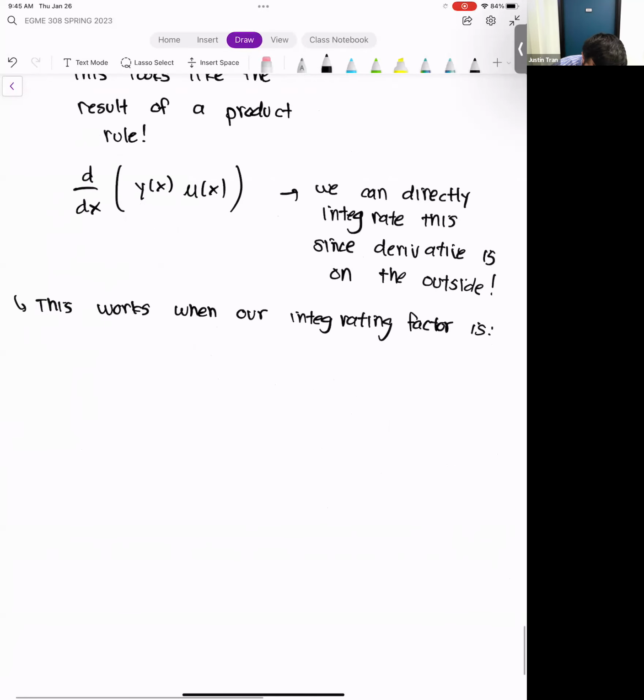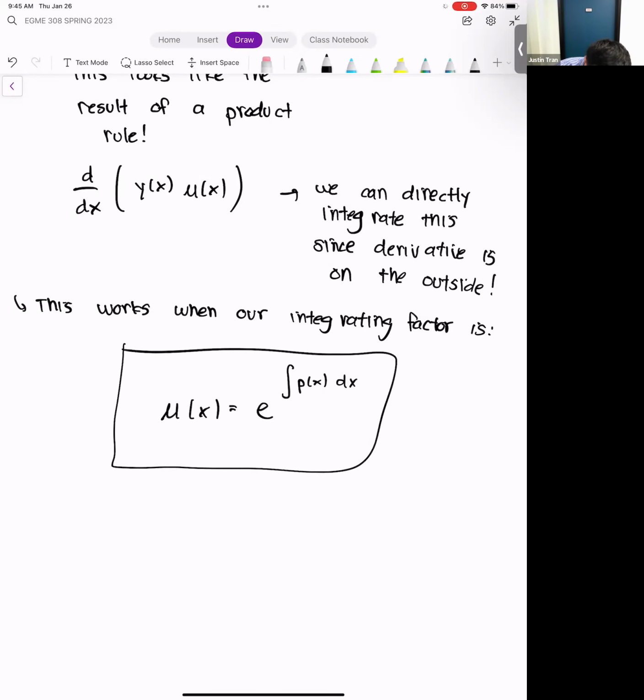This only works when mu has the following form: mu of x is equal to e raised to the integral of p of x. If you're wondering what p of x is, p of x was the coefficient in front of y in our standard linear ODE.